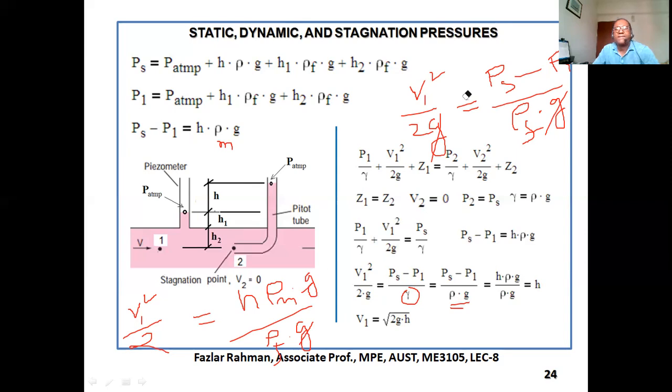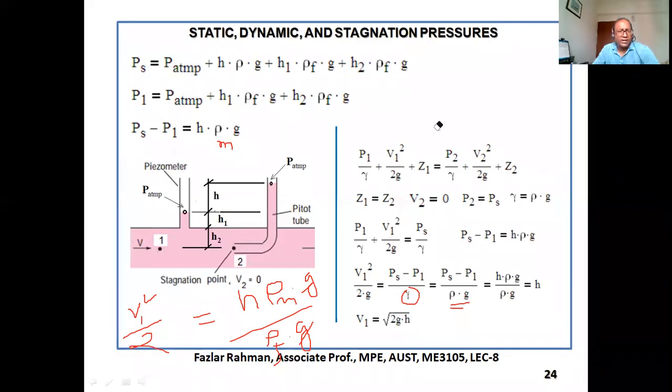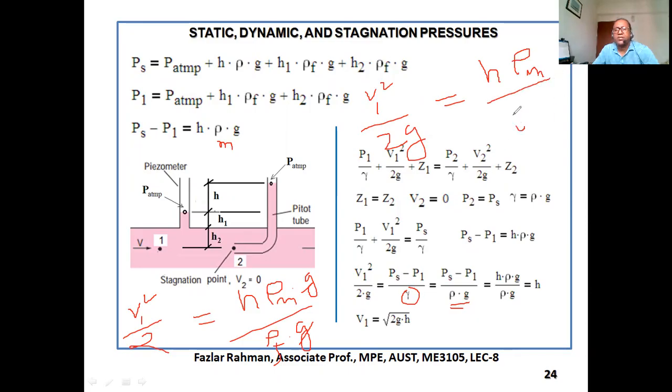So finally you are getting V1 square divided by 2G equal to H rho manometer divided by rho of fluid.